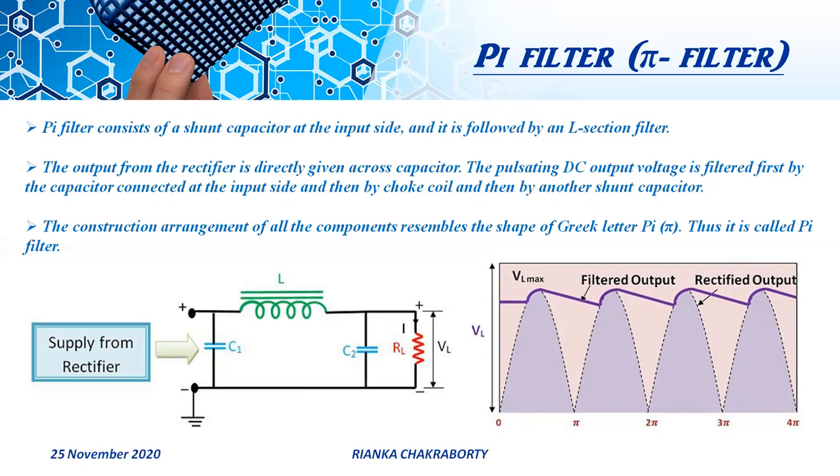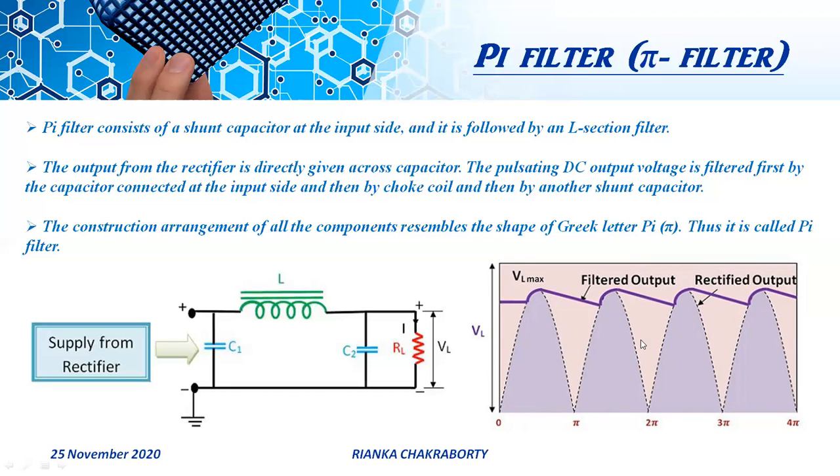The inductor L provides a high impedance to AC components and very low impedance to the DC components. The DC components pass through, but it blocks the AC components. The capacitor C2 operates in a similar way to the capacitor C1 and it can pass the AC components. Therefore, the DC component is available at the output terminal. So this is the working principle of pi filter.